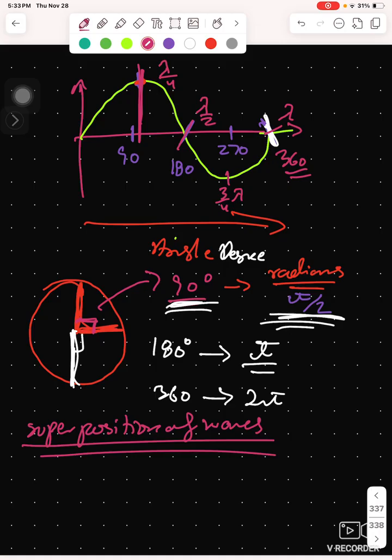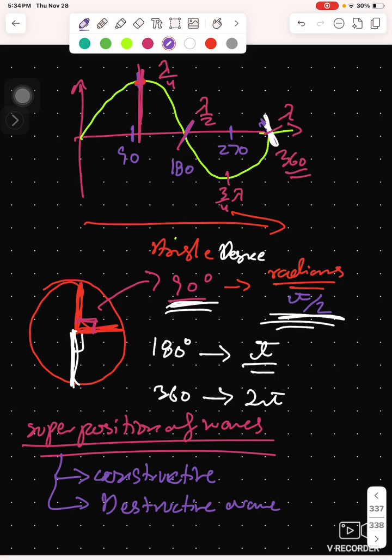So now here we will talk about superposition of waves in two terms. One, constructive wave, and the other one is destructive wave. Both give us superposition, but depending on what type of wave it is.